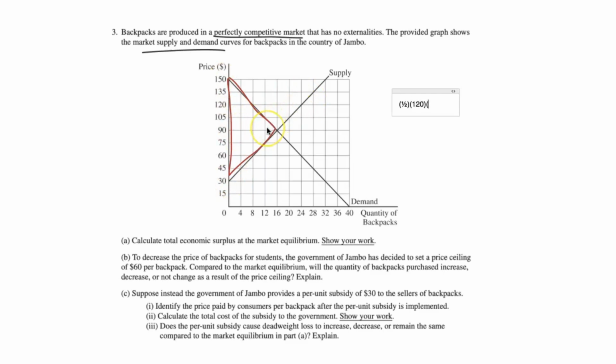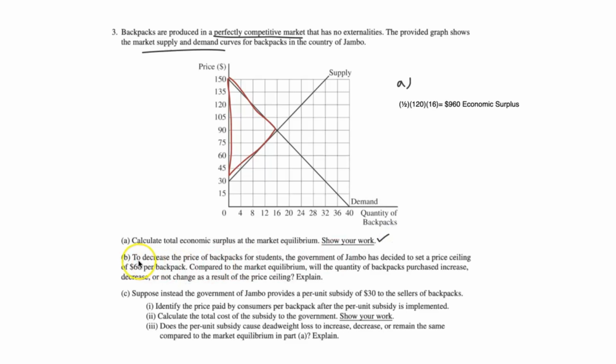And then we multiply it by our quote-unquote height, which is really our quantity in this case. We go from 0 to the equilibrium quantity, which is 16. So we multiply this by 16, and we should get a value of $960 as our economic surplus. Okay, cool. So that is A.